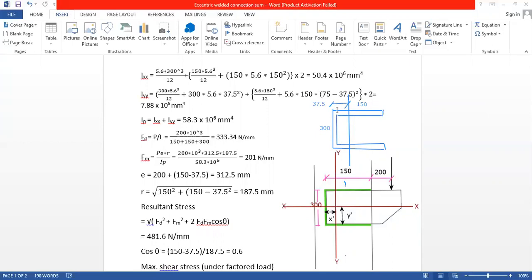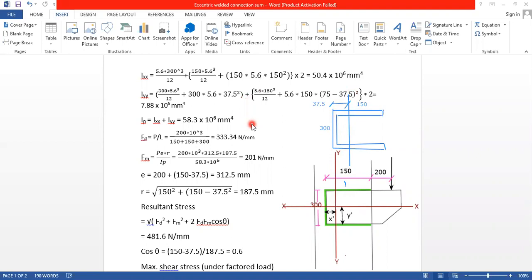Now first we have this strip, the 300 mm strip. See, this y axis is not exactly passing through the second strip, this 300 mm strip. So we have to apply the parallel axis theorem here. Again we have to apply the formula, bd cube by 12 plus ar square.